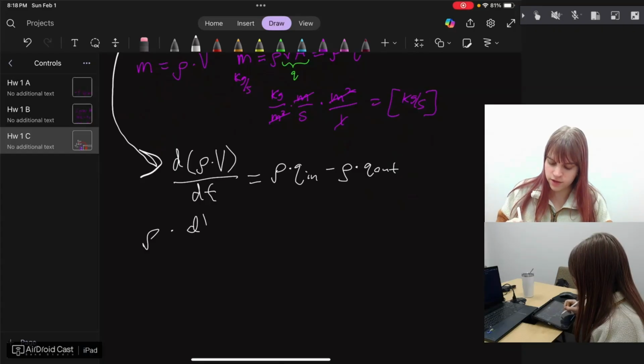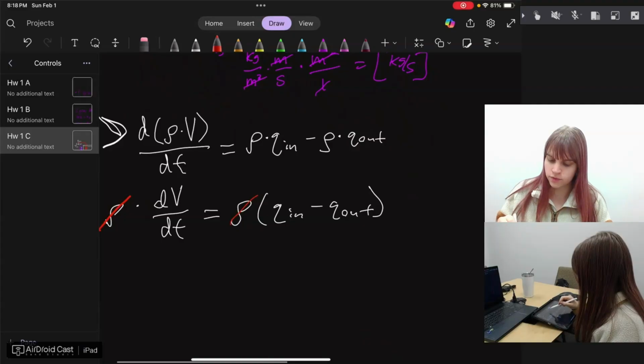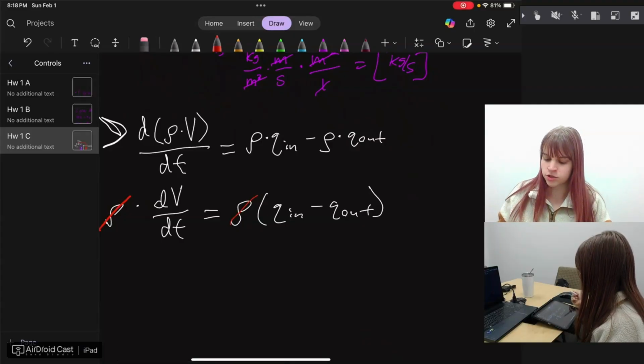So we have dV over dt, and I'm going to go ahead and group those. As you can see, we can cancel out the density values. And so what we end up having is the change in volume over time should be equal to the flow rate in minus the flow rate out.